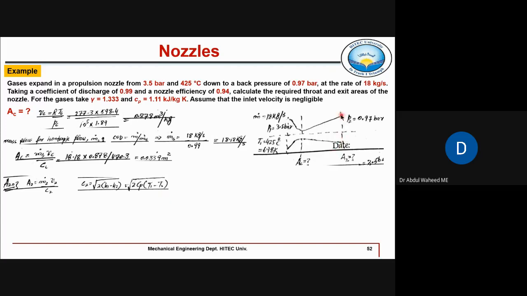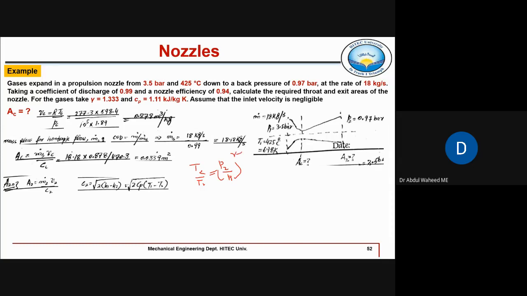Now we cannot neglect friction losses in the divergent portion, because here the nozzle efficiency is given. So it means we cannot use the equation we were using, T2 over T1 is equal to P2 over P1 to the power gamma minus 1 over gamma.